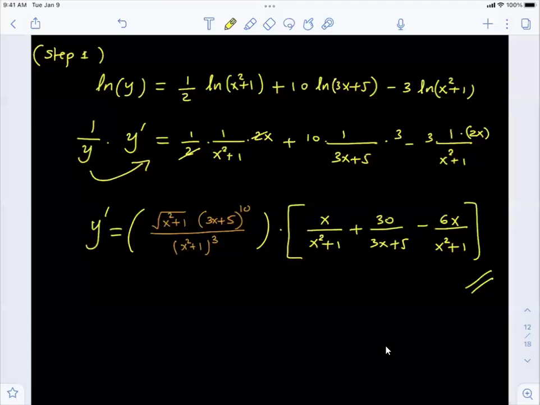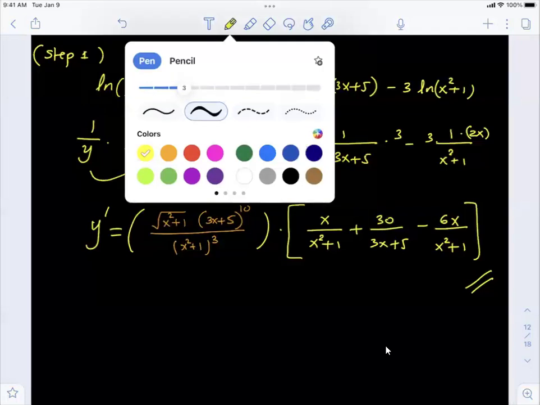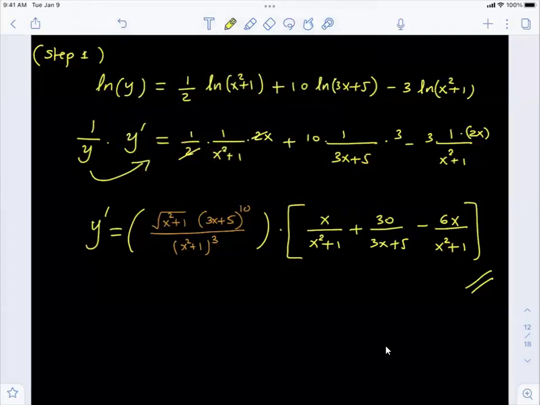So step number 1, I forgot to have these steps. I started saying step number 1 here. Step number 1 is taking ln of both sides. Step 2 is basically taking the derivative of that equation right away, which involves implicit differentiation. Step number 3 is none other than cross multiplication by y.